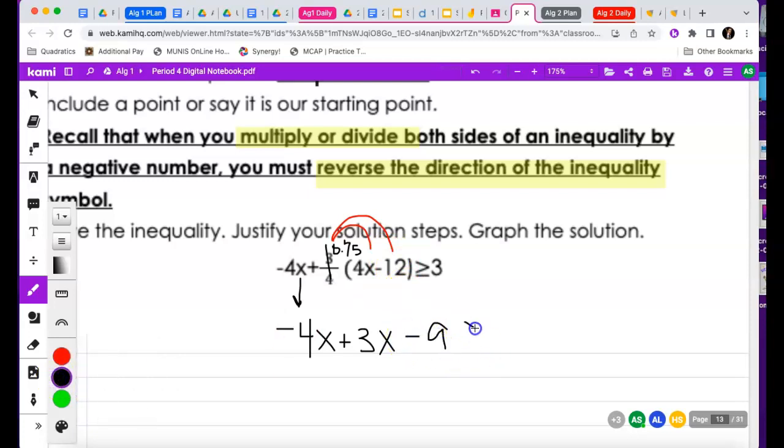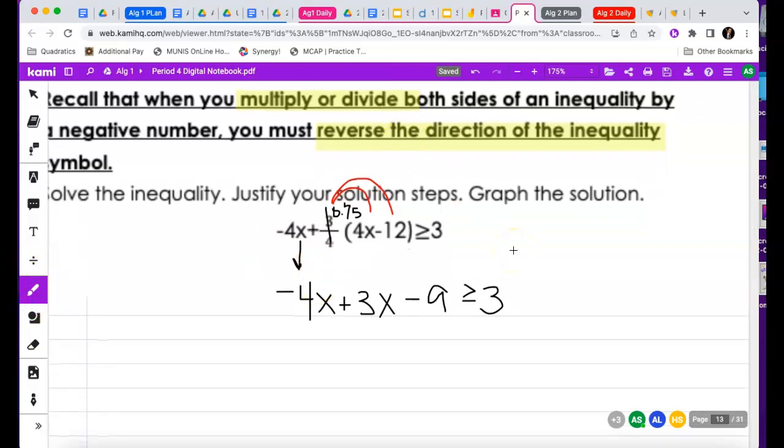And then I'm going to bring down my greater than or equal to 3. So now, just like the last example, once we use the distributive property, we'll combine like terms, and then it's just like solving a multi-step equation. So negative 4x plus 3x is negative 1x. We'll bring down our minus 9, greater than or equal to 3.